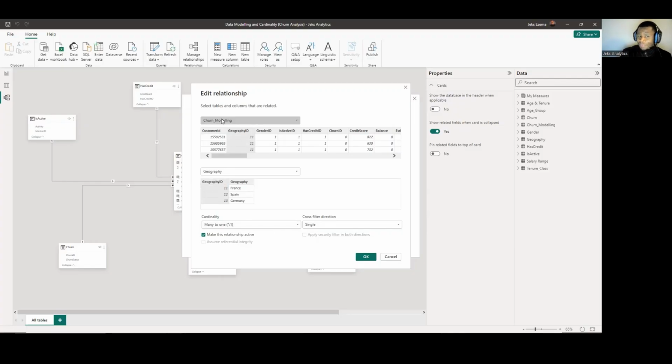Many to one. Remember, because this is a fact table. So once the first table is a fact table, please note that it is many to one. If the second table is a dimensional table, it has to be what? One. And in most cases, a many to one relationship goes with a single direction filter.